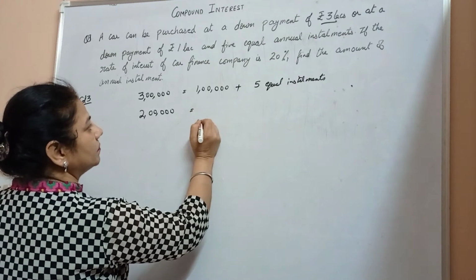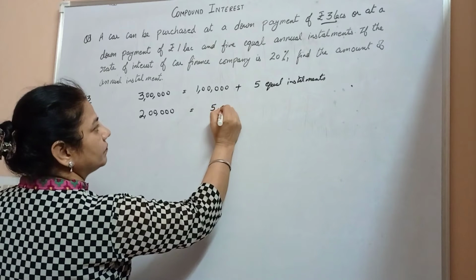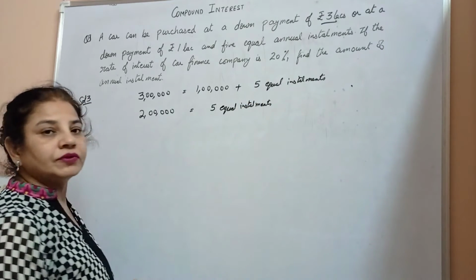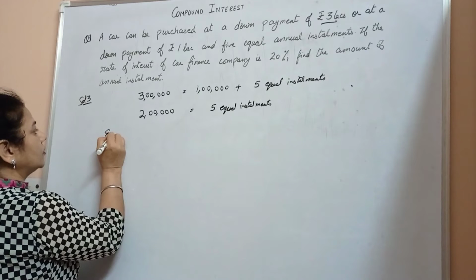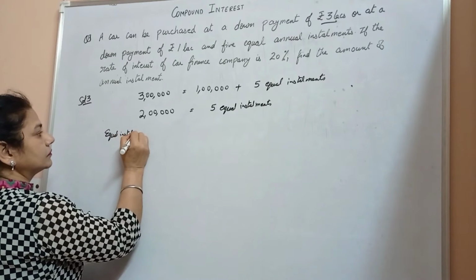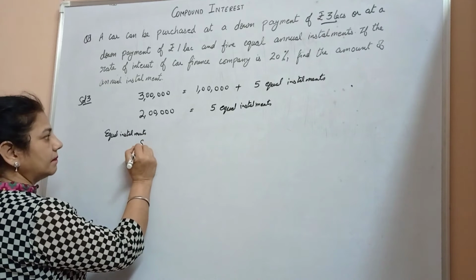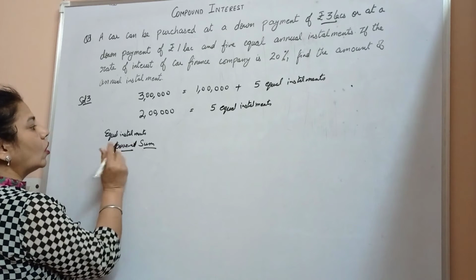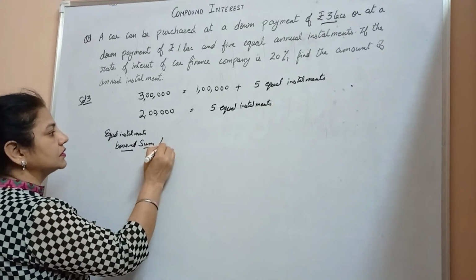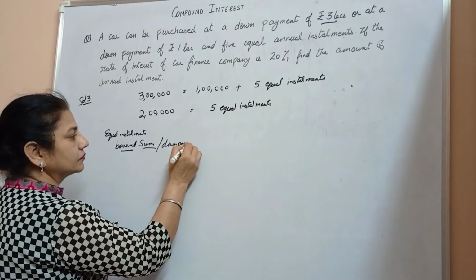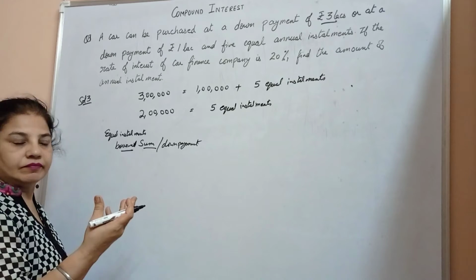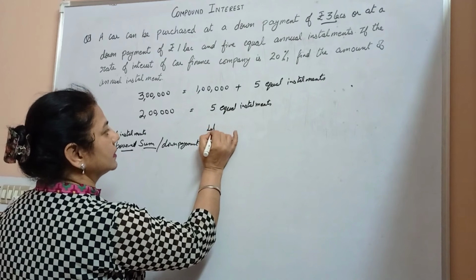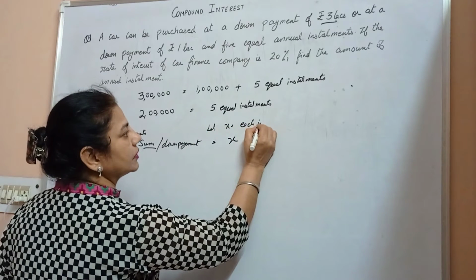And the formula for the equal installment, we know that the amount which we have borrowed, the borrowed sum, is distributed in 5 equal installments. Let x be each installment.